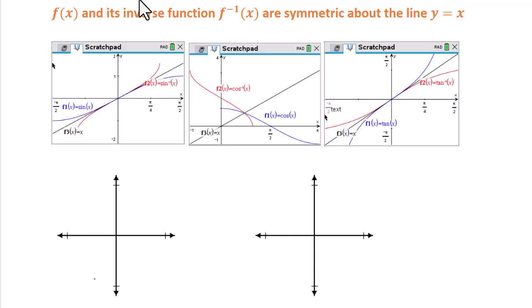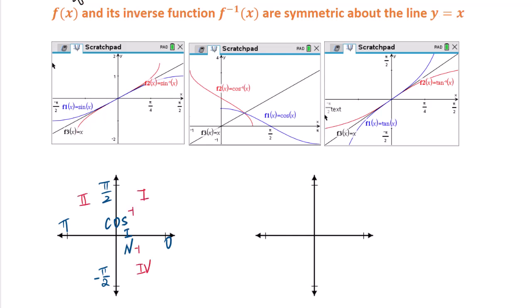Label the angles negative pi over 2, 0, pi over 2, pi. Then inverse cosine will cover the first and second quadrants. Inverse sine will cover the first and fourth quadrants.